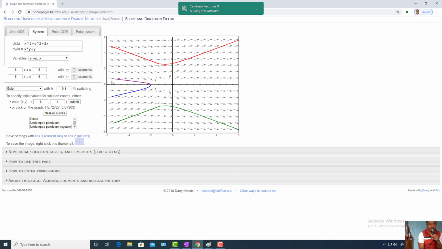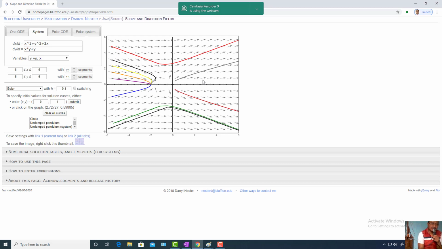Yeah, this is a solution curve. Okay, how about here? Yeah, like this. How about here, and then how about here? Yes, like this solution curve. Let us see here. It is like this. Okay, so this is the vector field.